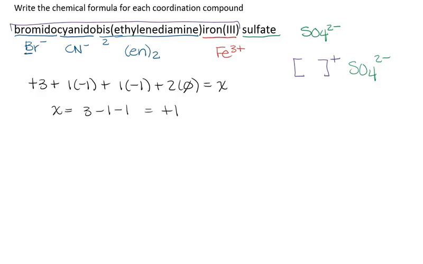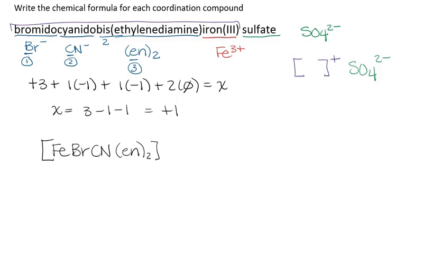So I have a B, I have a C, and I have an E. It doesn't always work out this way that they will go in the same order in the name as they do in the formula, but it does work out that way here. So the bromide goes first, then the cyanide, and then the ethylenediamine. So writing the complex, metal ion, then I have Br, CN, en2.